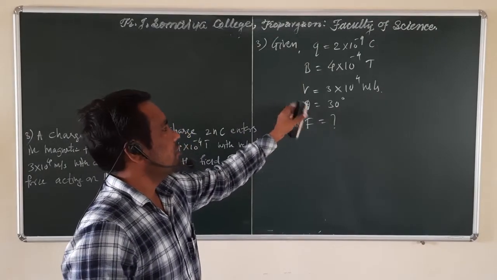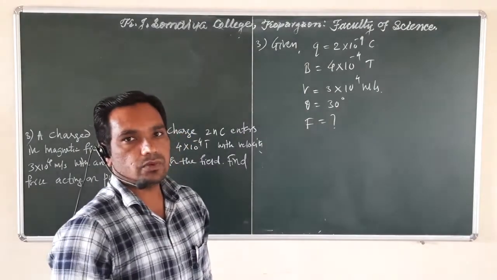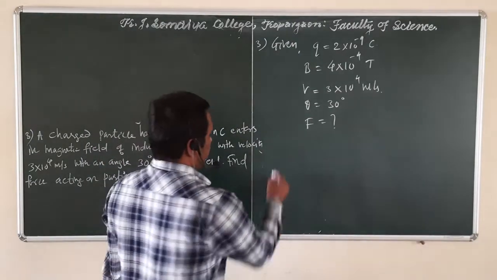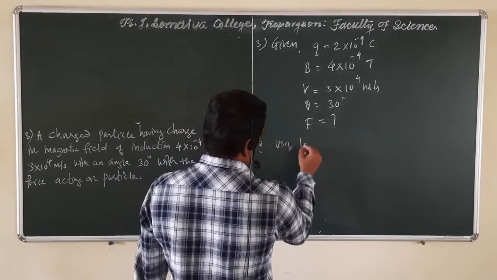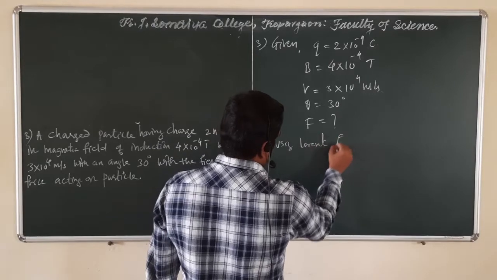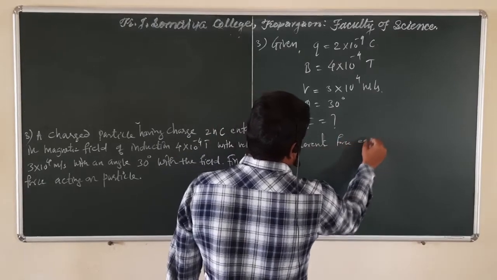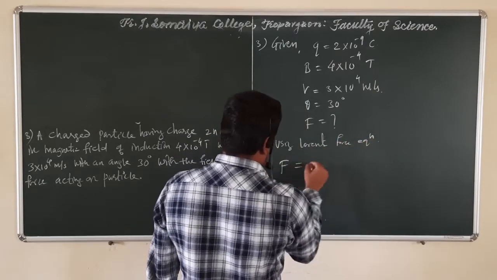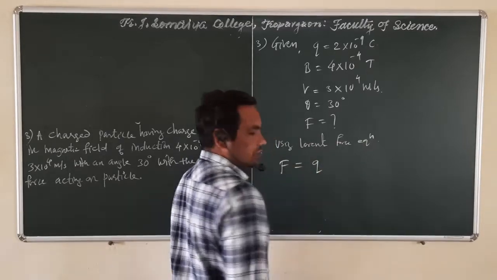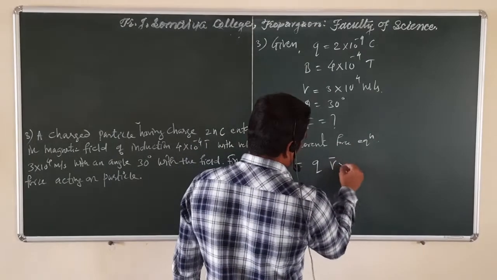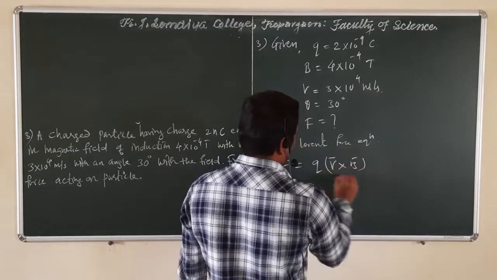Okay, so using the Lorentz force equation, the force acting on a charged particle is F is equal to Q into V cross B. Recall this formula.